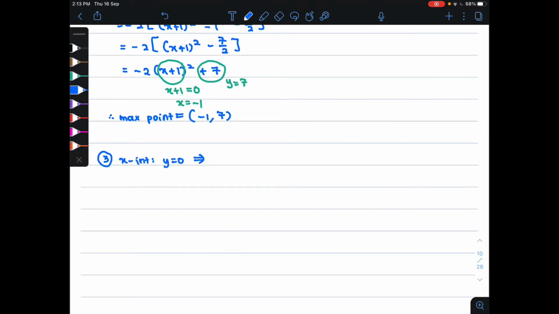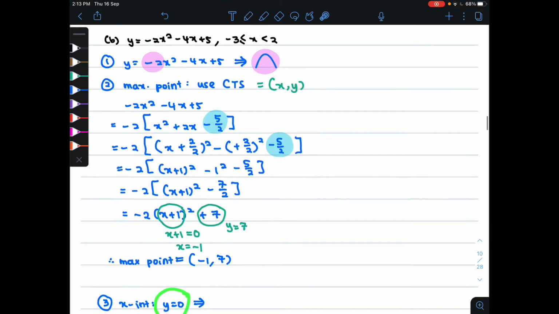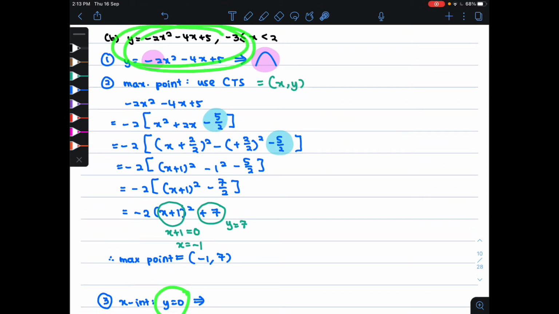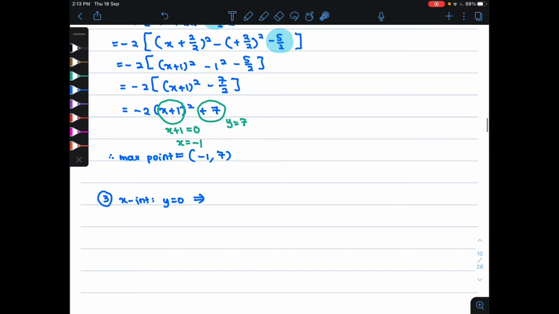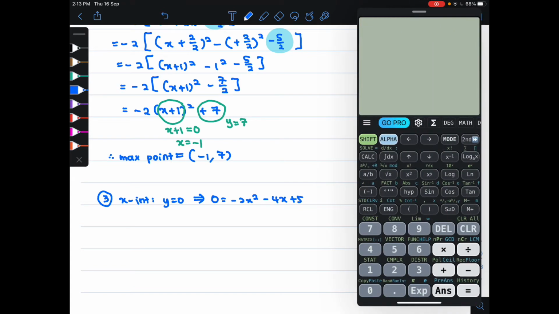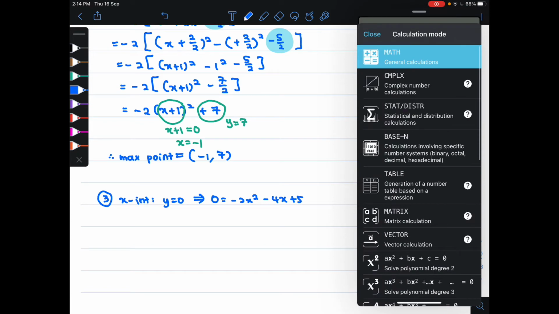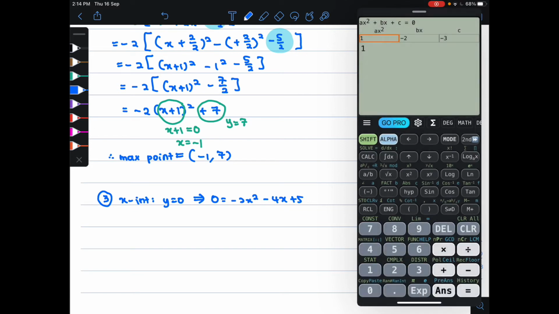To get x-intercepts, we substitute y equal to 0 into our function y. So, just tulis balik. So, perlu tak kamu tunjuk jalan kira? Tak perlu. Guna saja kalkulator kamu. Kamu tekan mode and then kamu cari sampai kamu dapat ax square plus bx plus c equal to 0.